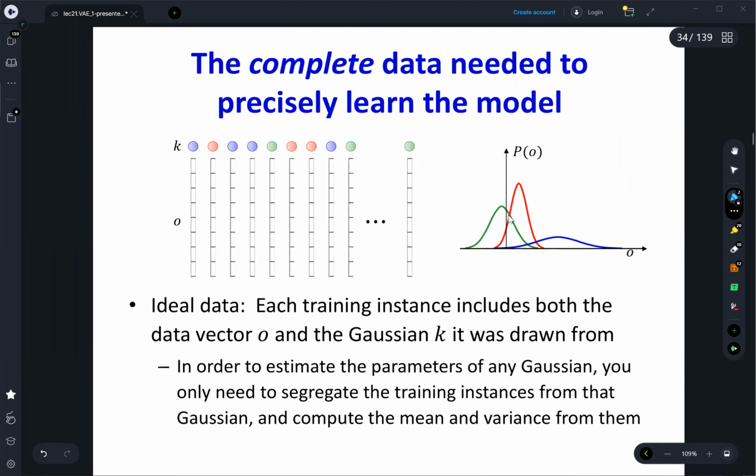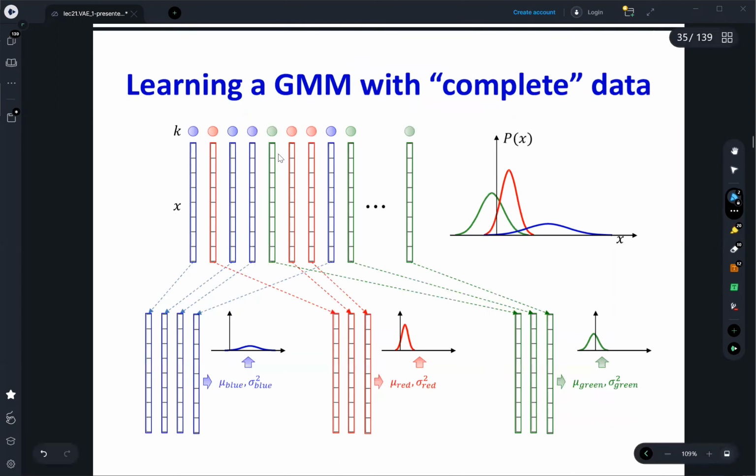For instance, if your data was generated by a mixture of these 3 Gaussians, the green, red, and blue, then for every observation you would know whether it came from the blue or the red or the green. If you had this information, then estimating all the parameters of the distribution is very easy. All you would do is segregate out all the vectors that came from the blue Gaussian into a blue bundle.